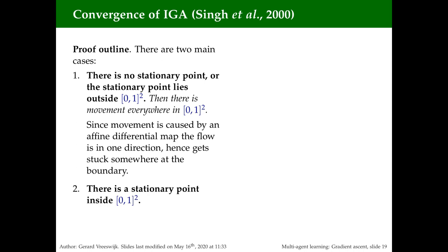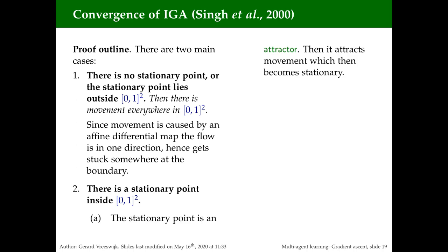Well, the second case, there is a stationary point and it's inside the unit square. Then we have two subcases. That stationary point is an attractor. Then it attracts its movement and becomes stationary, but actually that never happens with 2x2 games.